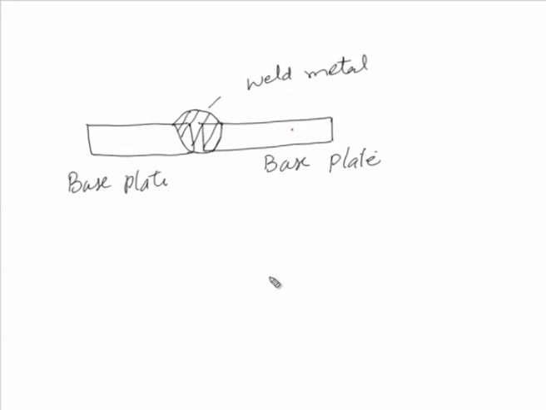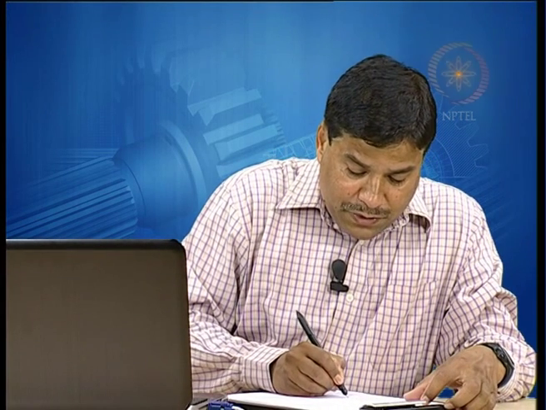And if we take 2 points in the region close to the fusion boundary and 1 point in the weld zone, and corresponding to these 3 regions we try to see the variation in temperature as a function of time, then in the weld region there will be a very sharp increase in temperature, and accordingly the cooling rate will also be very fast.